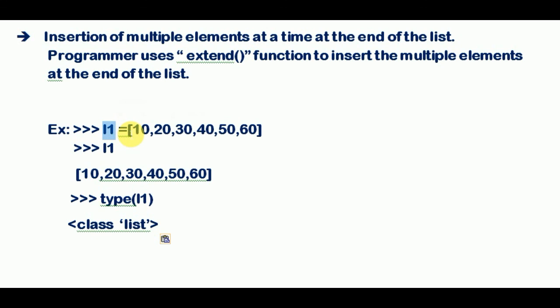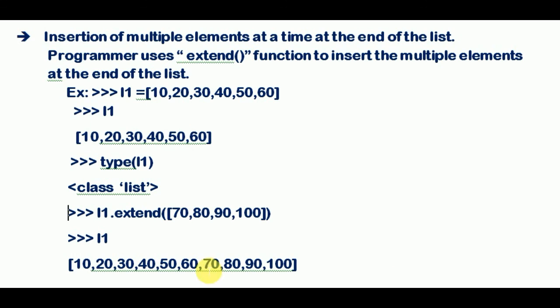L1 is a variable which contains the list, and this is the resultant value. So this is a simple list, and when we use the extend method here, we add this additional list after the existing list elements.